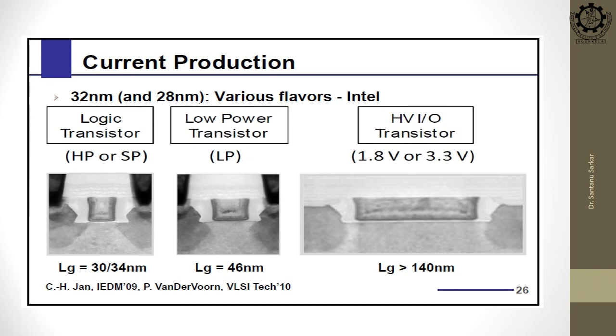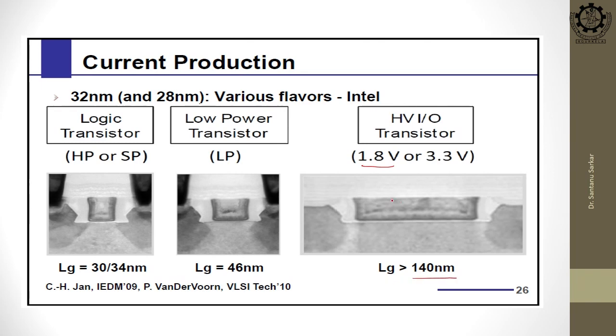This is current production, courtesy of the IEDM 09 paper. In this figure, if you look at the length, this is 1.8 volt technology. This is a high voltage IO transistor, and its L is greater than 140 nanometer.